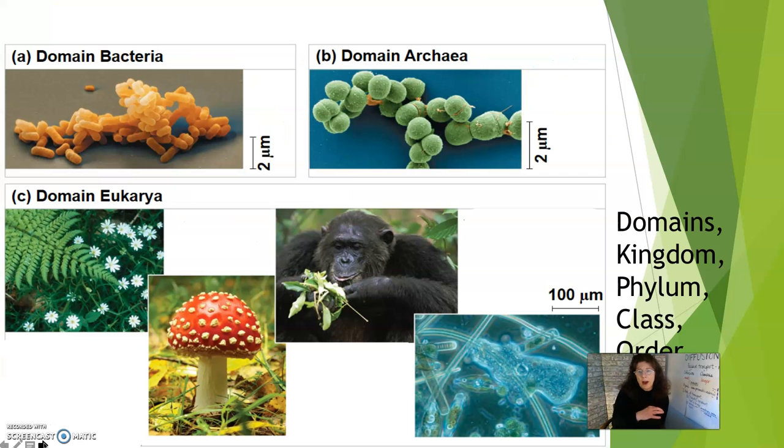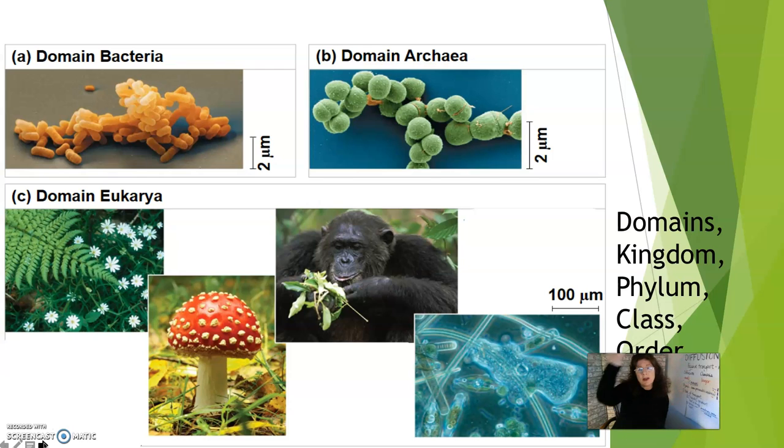When we talk about these cells, we have to start at the very beginning. You have probably been taught in your high school biology classes that there are domains of living things, and then there's kingdom, phylum, class, order, family, genus, species, right? You probably did that over and over again.